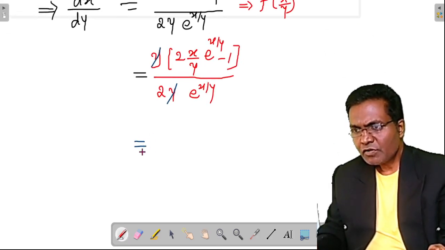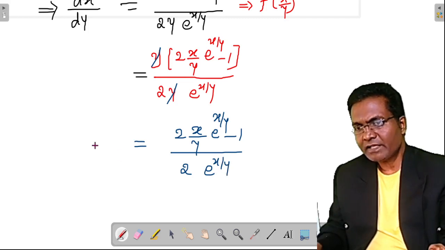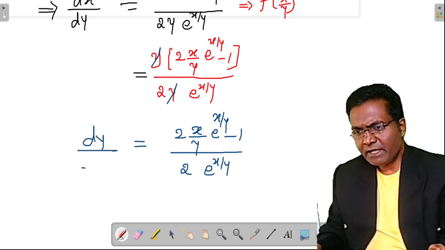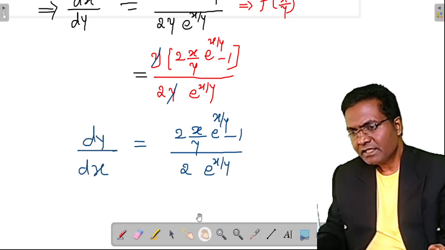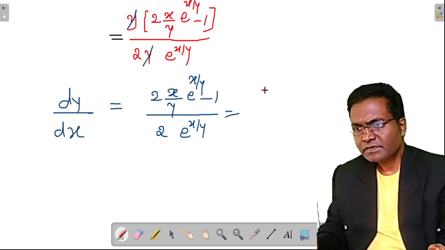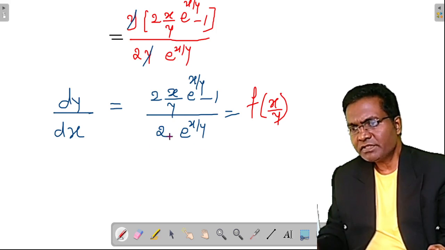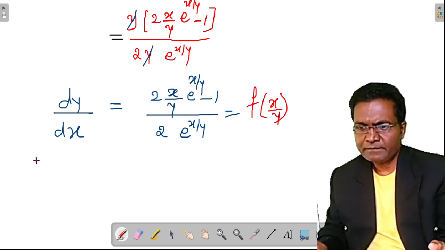Look what you got: (2x/y e^(x/y) minus 1) divided by 2 e^(x/y). Okay, so this is your dy by dx, and clearly it is in the form of f of x by y, meaning each term is in the form of x by y.